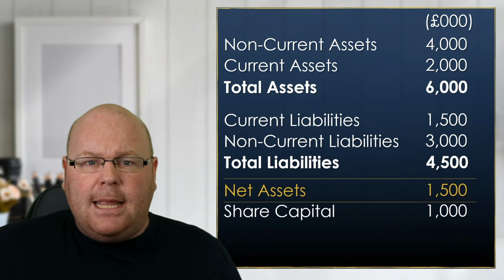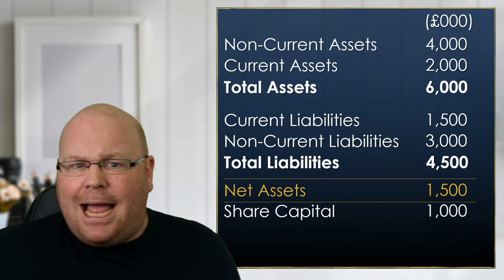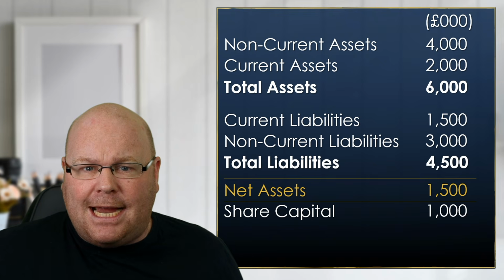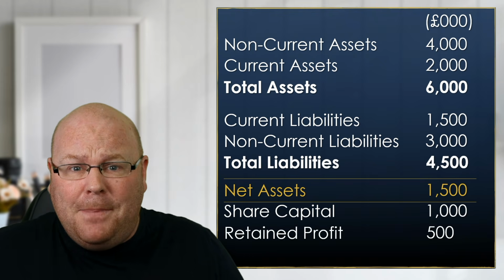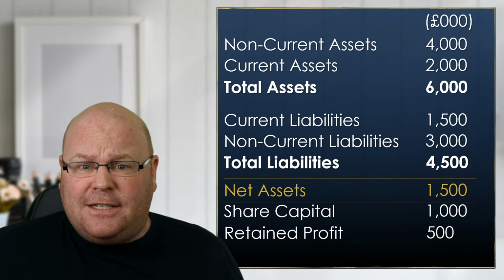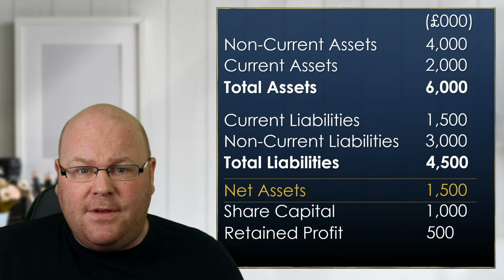For example, the business might have sold some shares during the course of the year, and the share capital that it has made from those transactions may have helped pay for some of the business's assets. Also, the business might have decided to retain some of its funds or its profits in the organisation that it's made in previous years.